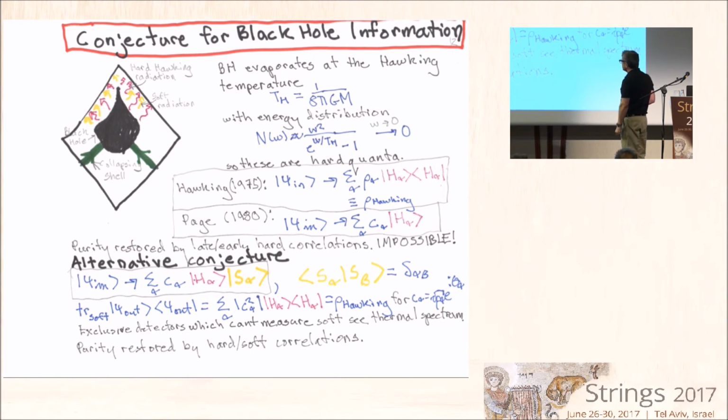And so here the purity is restored not as Page conjectured, between the late time and the early time hard quanta, but between the hard quanta, which are completely uncorrelated with one another, and the soft quanta, which must appear due to the conservation law.